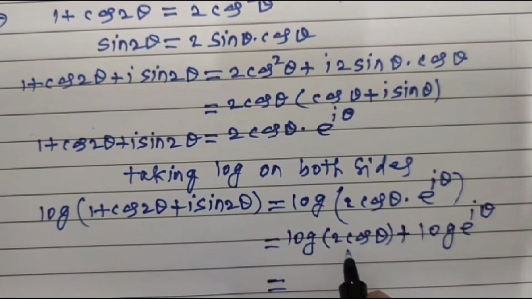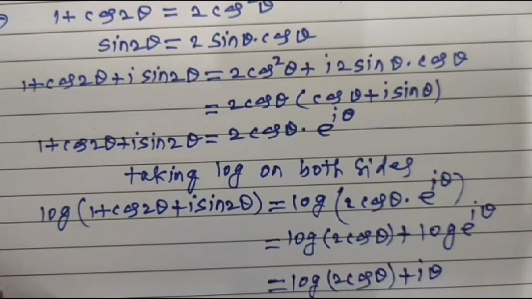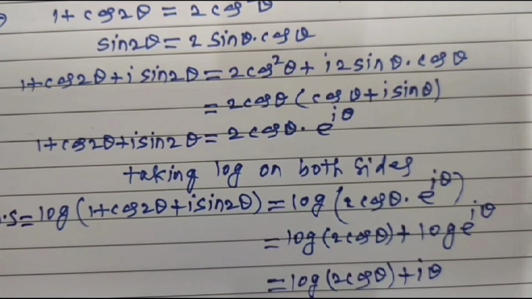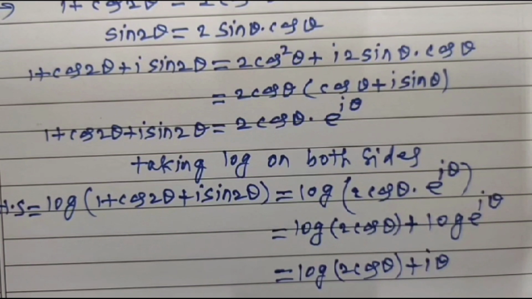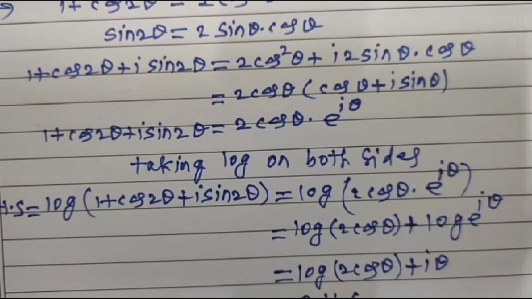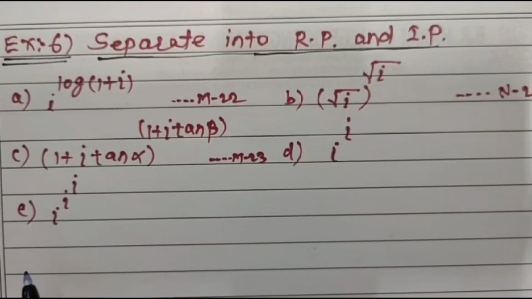Now keeping this as it is, logarithm of 2 cos theta plus i theta, and our statement's LHS is logarithm of 1 plus cos 2 theta plus i sin 2 theta. So this is equal to RHS. Hence LHS is equal to RHS. The statement is proved. Okay. Let us solve sum number 6.